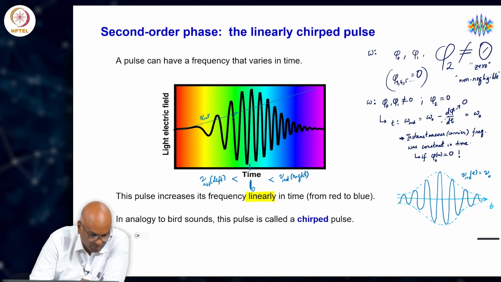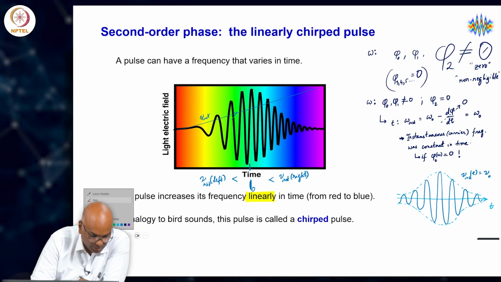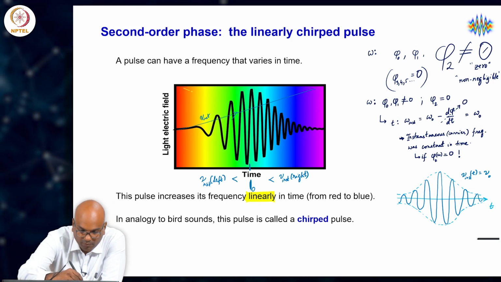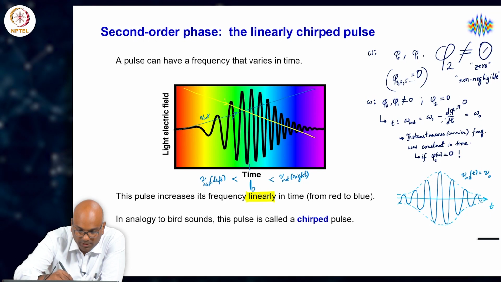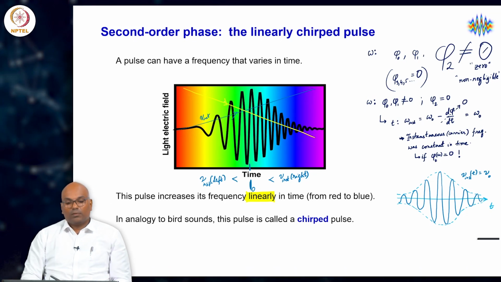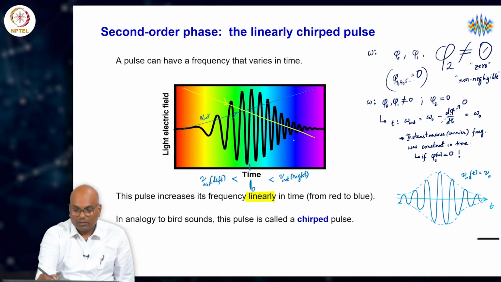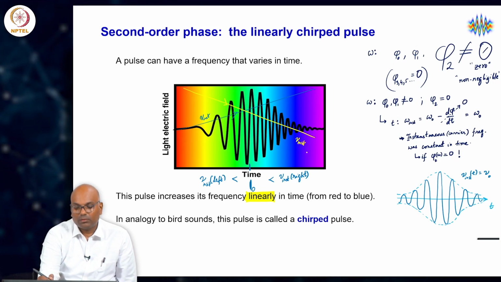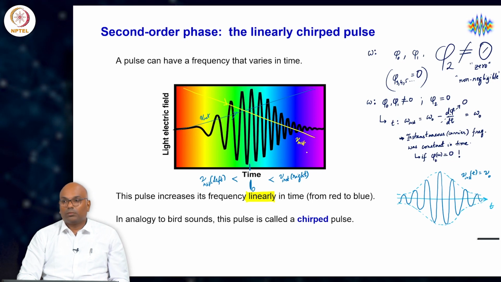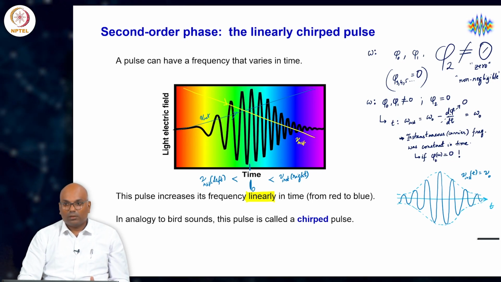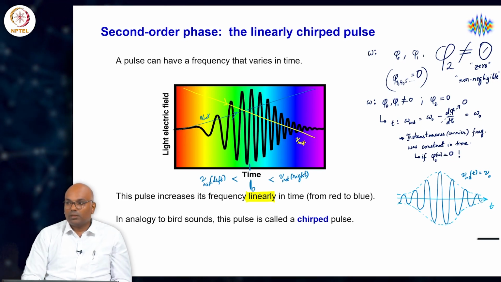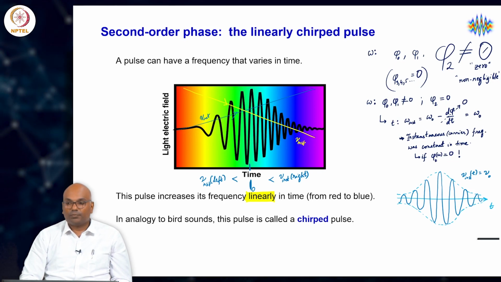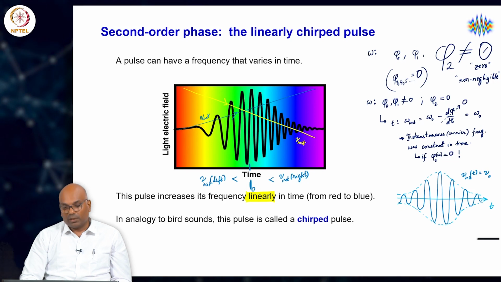There is nothing preventing us from considering a scenario in which the instantaneous frequency falls with time. Now, it is just as natural, if you wish, that any of these can happen.